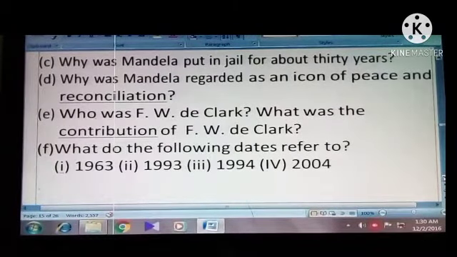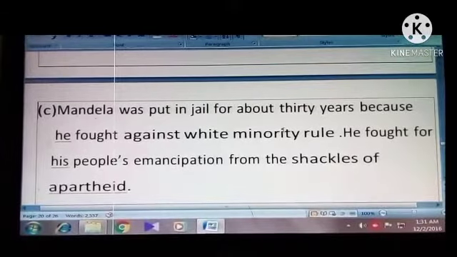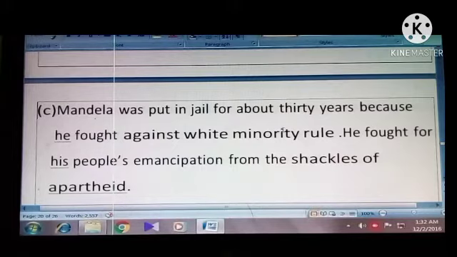Why was Mandela put in jail for about 30 years? Mandela was put in jail for about 30 years because he fought against white minority rule. He fought for his people's emancipation from the shackles of apartheid.